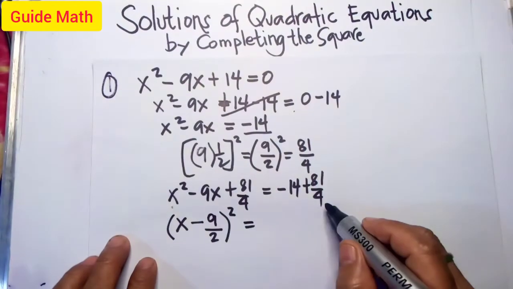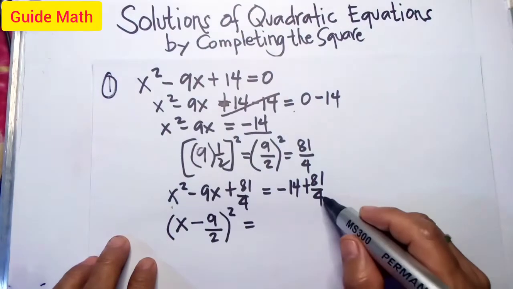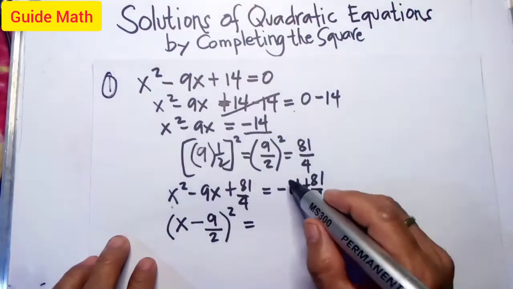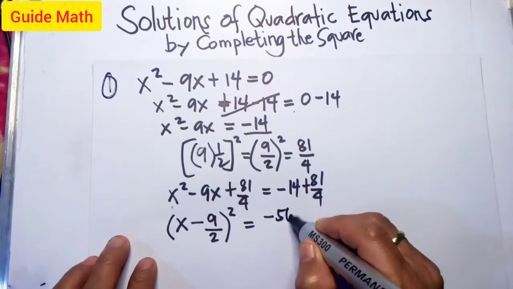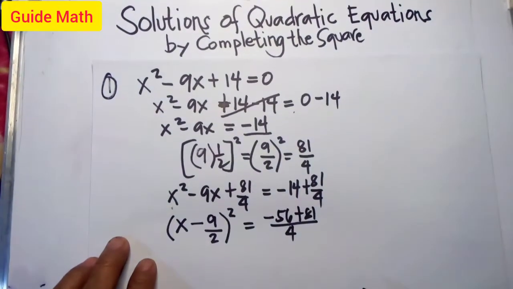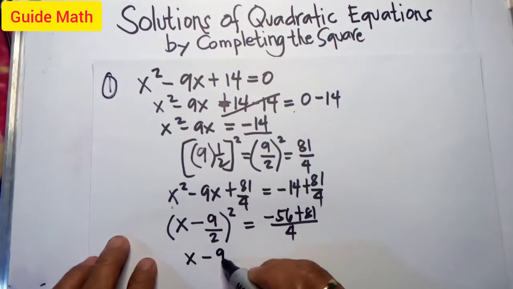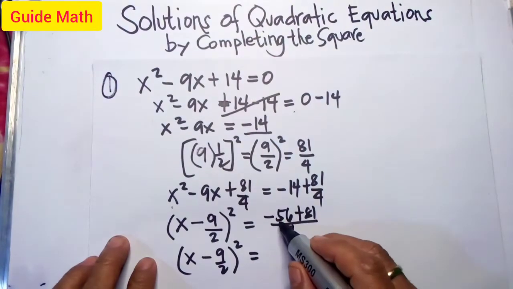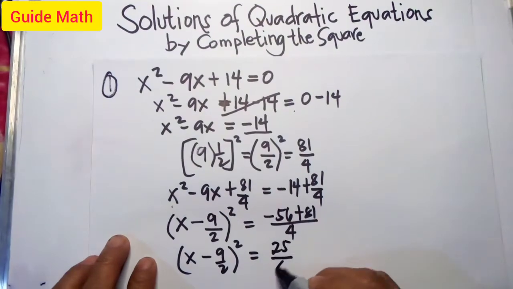Is equal to, then we are going to combine this. We simply cross multiply for that. This will become equal to negative 56 plus 81 all over 4. So this becomes x minus 9 over 2 squared is equal to negative 56 plus 81, combine this, we have 25 over 4.